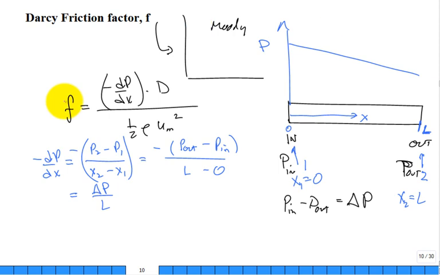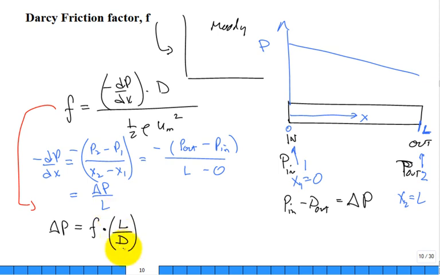So how do you unravel and use this equation? Often you do it like this. You say, hey, my pressure drop is equal to the friction factor, length of the pipe normalized by the diameter of the pipe, times 1/2 rho um squared. What's this? It's my velocity pressure.